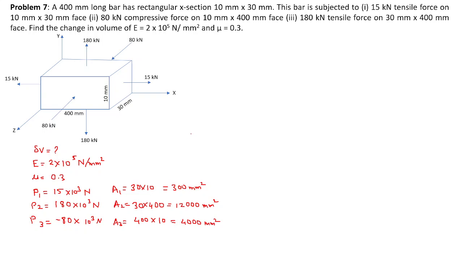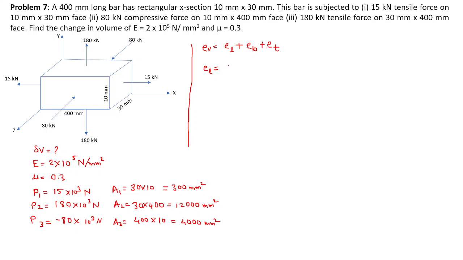We know the volumetric strain EV is equal to EL plus EB plus ET. Means E1 plus E2 plus E3, you can also say. Then what will be the EL?